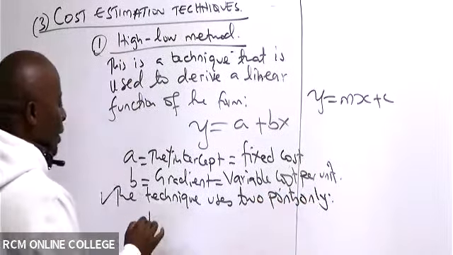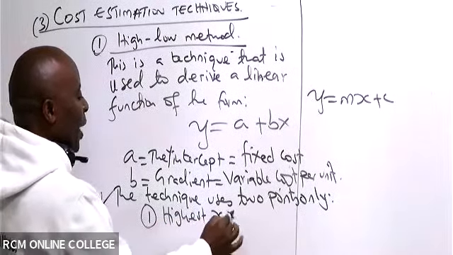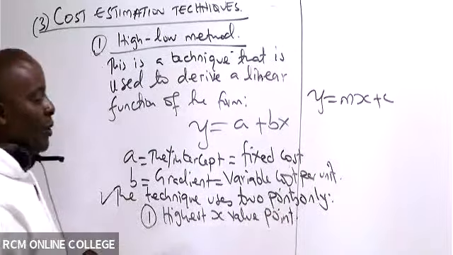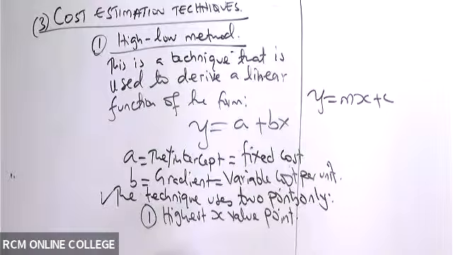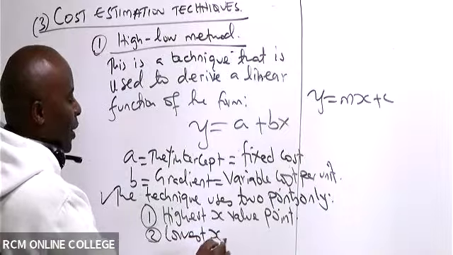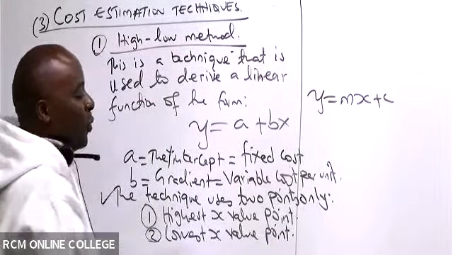Which are these 2 points? Number one, we have the highest x value point, and number two, the lowest x value point.